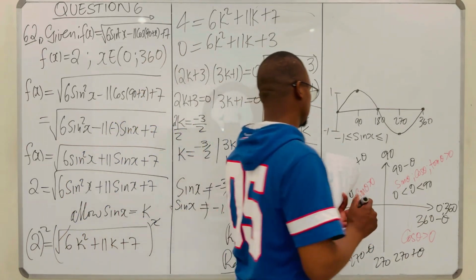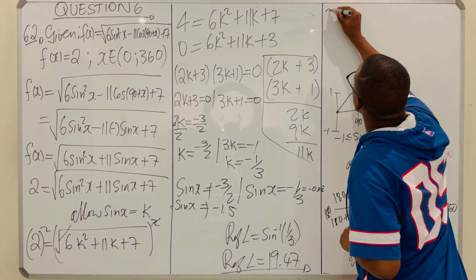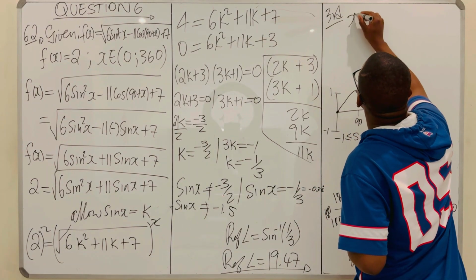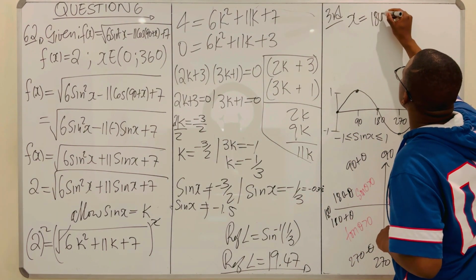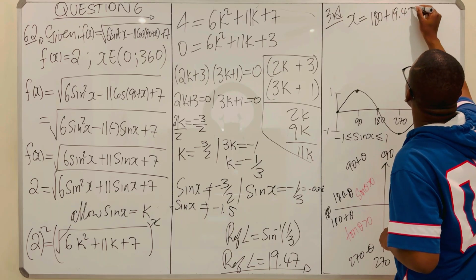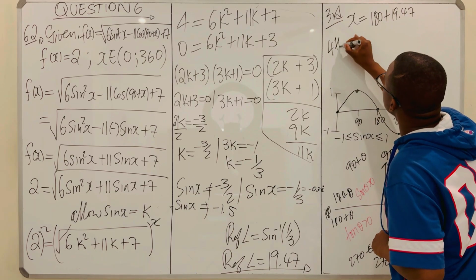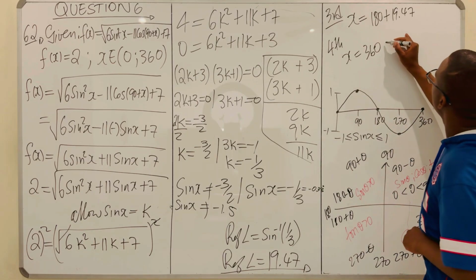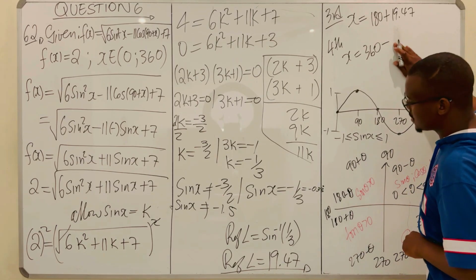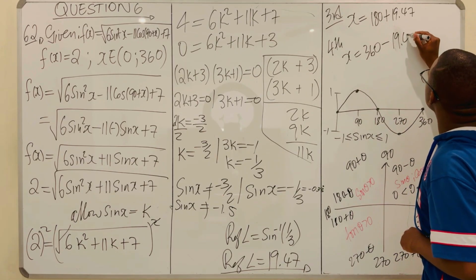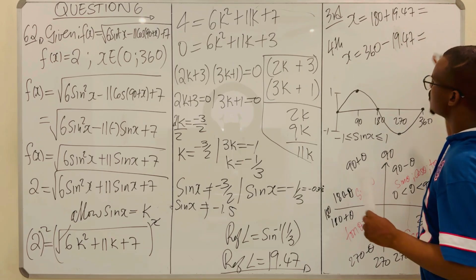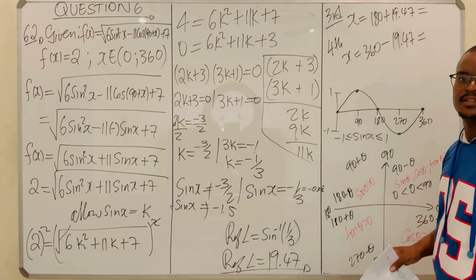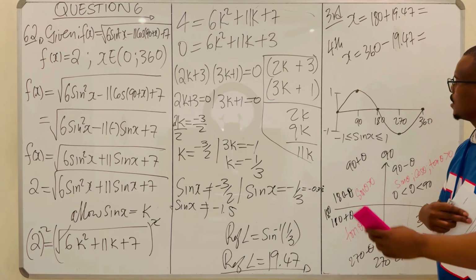So your solutions: the one in the third quadrant is x equal to 180 plus 19.47, and the one in the fourth quadrant is x equal to 360, because that's what you're doing here, minus 19.47. So the answers to these will be the values of x, in my opinion. Right?